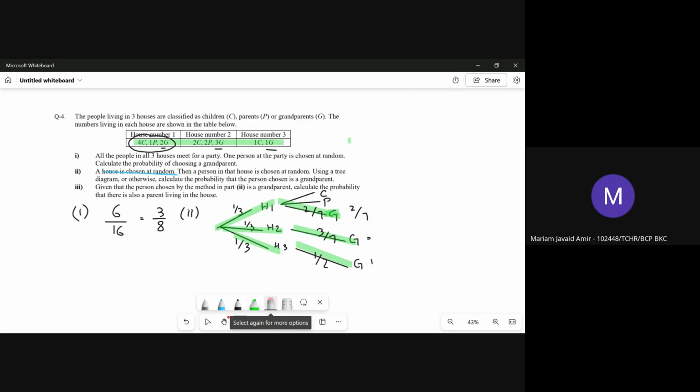So the probability of selecting a grandparent would be 1/3 times 2 by 7 for house 1, plus 1/3 times 3 by 7 for house 2, plus 1/3 times 1 over 2 for house 3. This would get us 17 by 42.